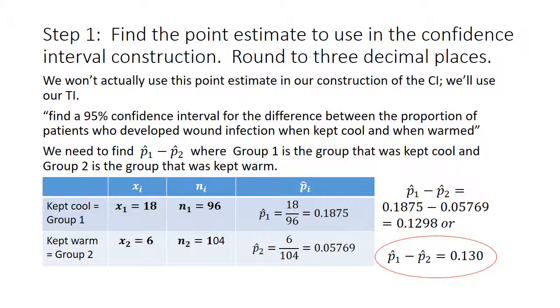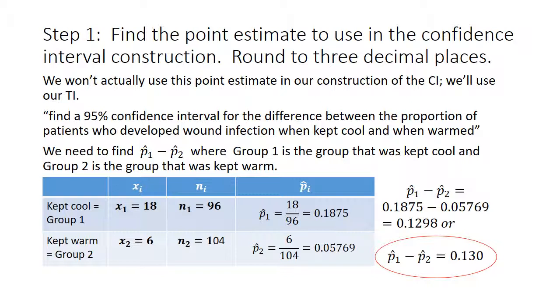P hat 2 is 6 divided by 104. That is the estimate for the population. This is the sample proportion that developed wound infection when kept warm. It is the estimate for the population proportion, 0.05769. Only about 5.8%, less than 6% of the patients that were kept warm developed wound infection.